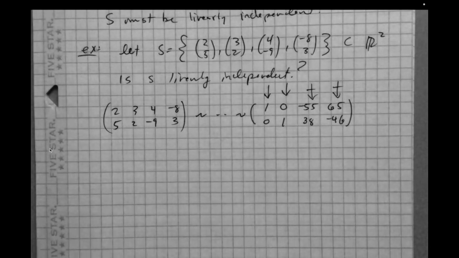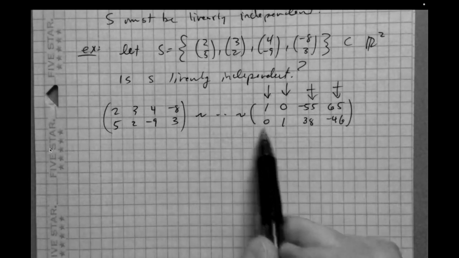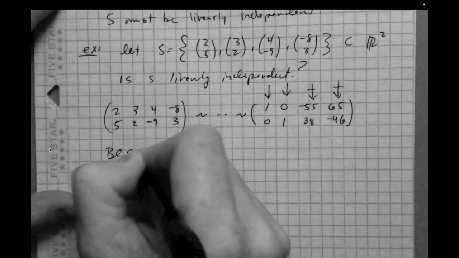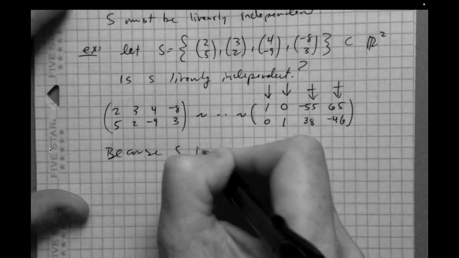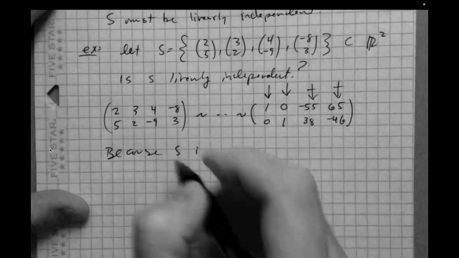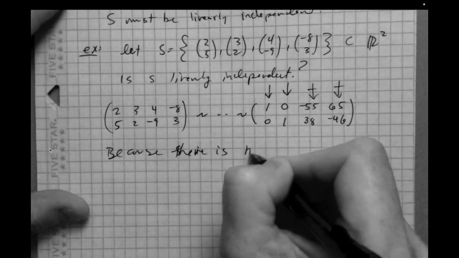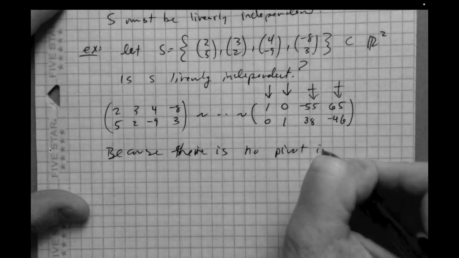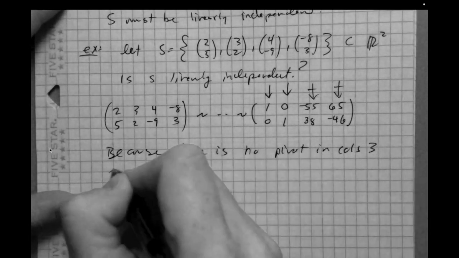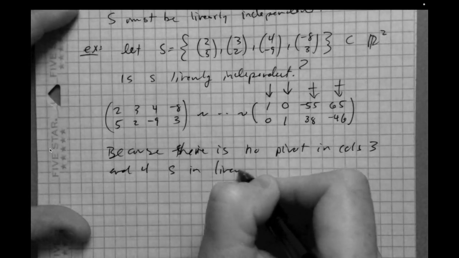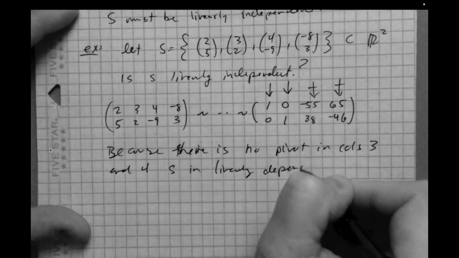You can only have 1 pivot per row, so if I've only got 2 rows, I can only have 2 pivots at most. So in this case, because there is no pivot in columns 3 and 4, S is linearly dependent.